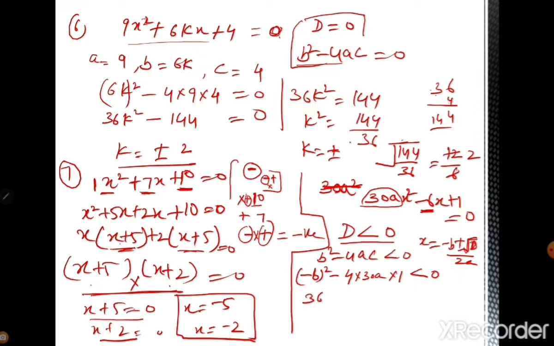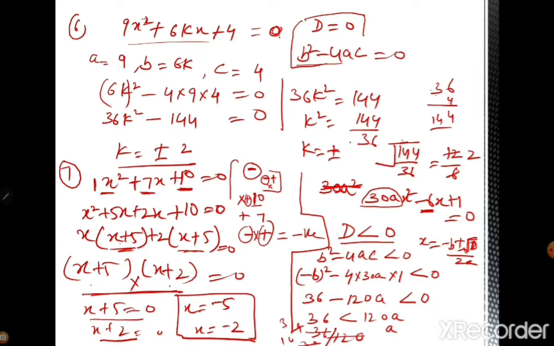So here we got 36 minus 4 3s are 12, that is 120a is less than 0. So we'll shift 120a that side. 36 is less than 120a. So what will be the value of a? 36 divided by 120. We'll cancel it with the table of 3 or 4. 4 9s are 36, 4 3s are 12, 3 3s are 9, 3 10s are 30.